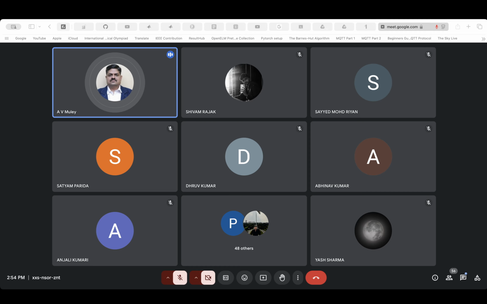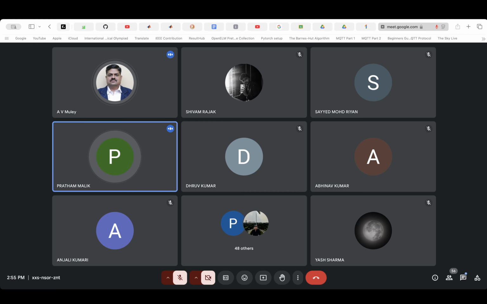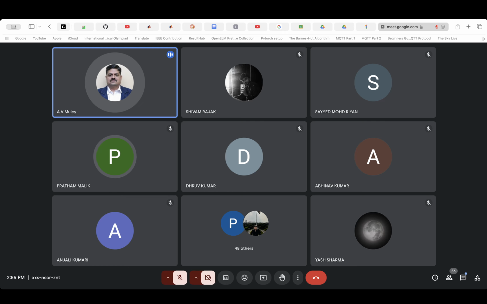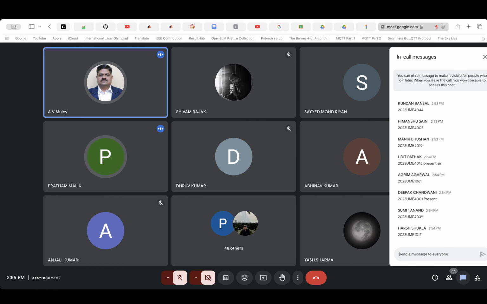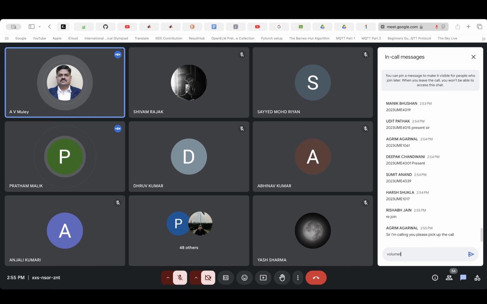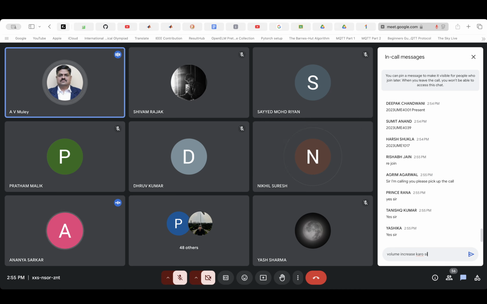एक तो पता नहीं आपकी आवाज नहीं आ रही किसी की. How can I take the attendance then? सर आपको आवाज आ रही है? I don't know, there is some technical glitch. मेरी आवाज आ रही है ना? हाँ जी सर, आपकी आवाज आ रही है. Just type yes in the chat box if I'm audible. Am I audible? Type yes, yes sir in the chat box.